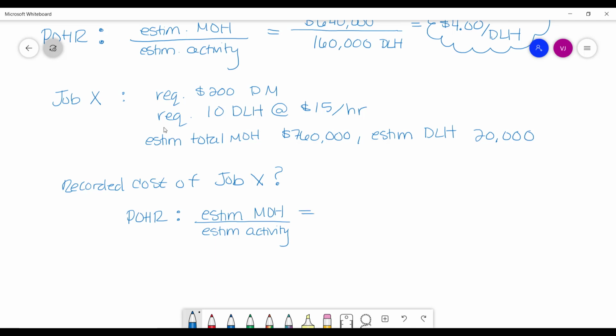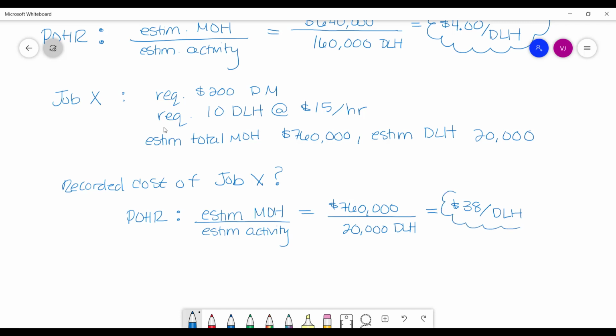Here they tell us that they had estimated for the year manufacturing overhead to be $760,000, and they estimated direct labor hours to be 20,000, which in this case is their chosen allocation base. So we take $760,000 and divide it by 20,000 direct labor hours. That means our POHR comes out to $38 per direct labor hour.